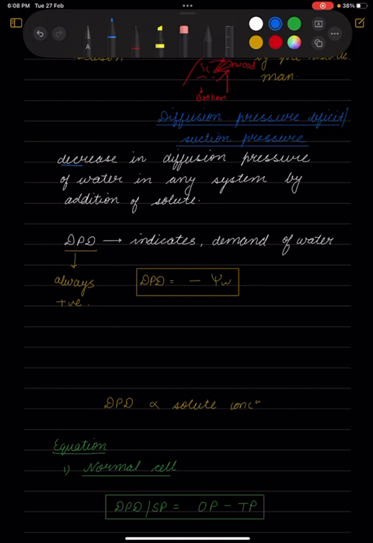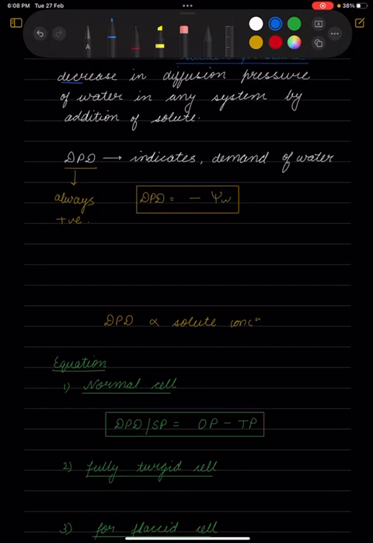If we add any solute into the water, it will become a solution, and there will be a decrease in its diffusion, a decrease in its flow. That is the diffusion pressure deficit. What it indicates is that we need to add some water into the solution so that it becomes less dense and can easily flow. So diffusion pressure deficit indicates the demand of water.